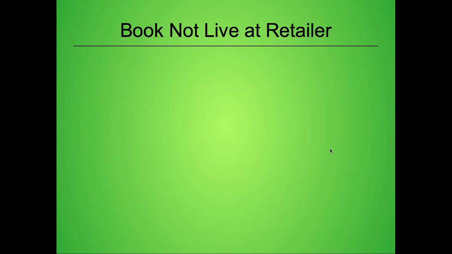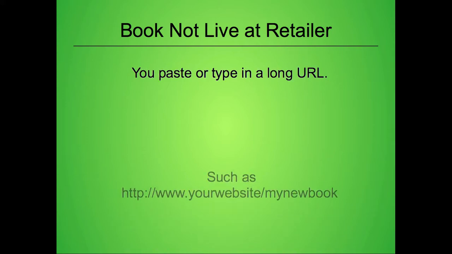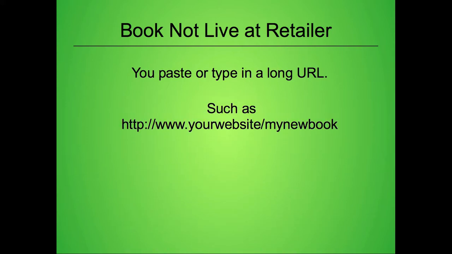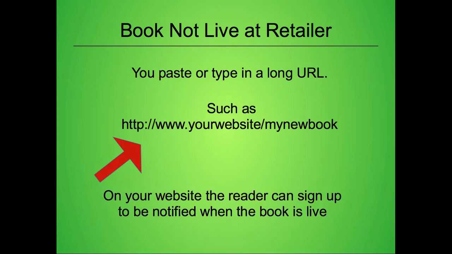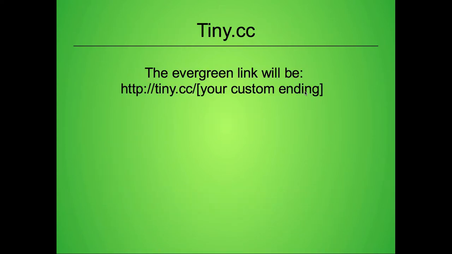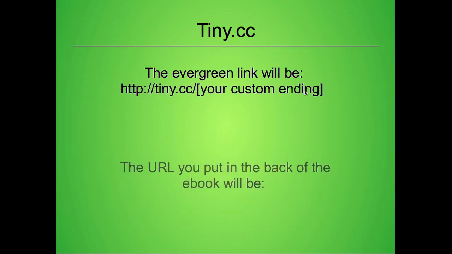For example, if your book is not yet live at the retailer, in Tiny.cc, you could paste or type in a long URL, such as the book's page on your website, where the reader could sign up to be notified when the book is live. The evergreen link will be a URL with tiny.cc/ and then you can put in a custom ending.